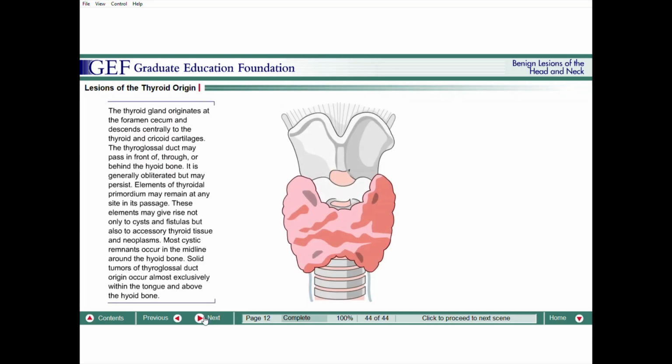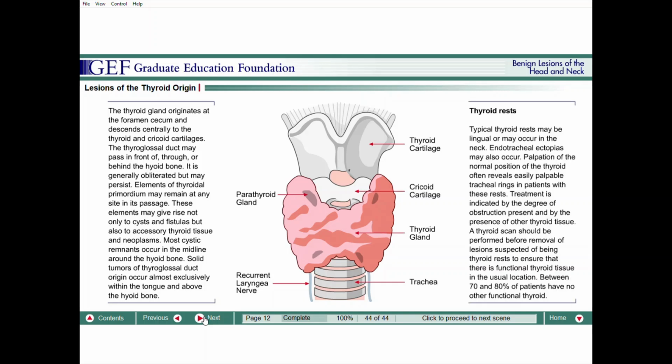The thyroid gland originates at the foramen cecum and descends centrally to the thyroid and cricoid cartilages. The thyroglossal duct may pass in front of, through, or behind the hyoid bone. It is generally obliterated but may persist. Elements of thyroidal primordium may remain at any site in its passage.